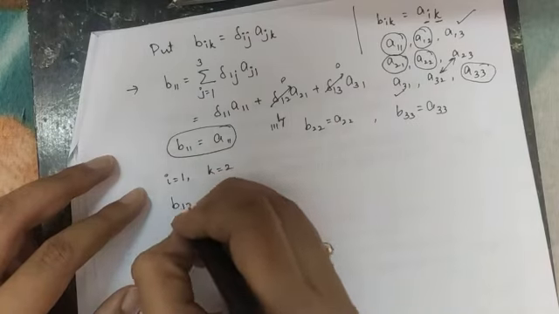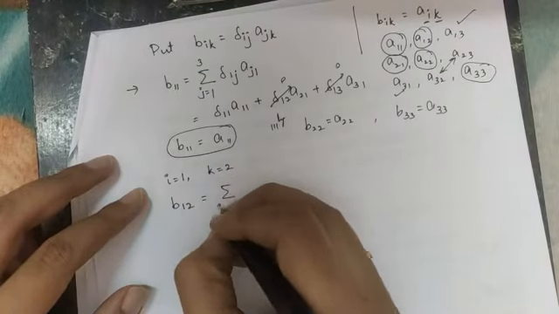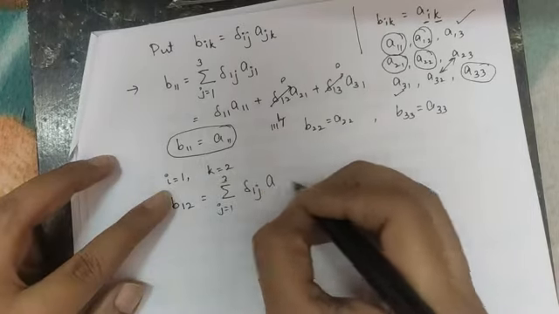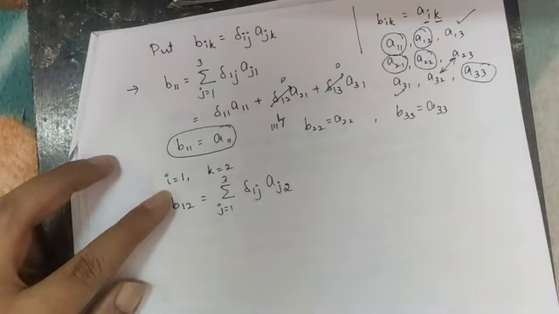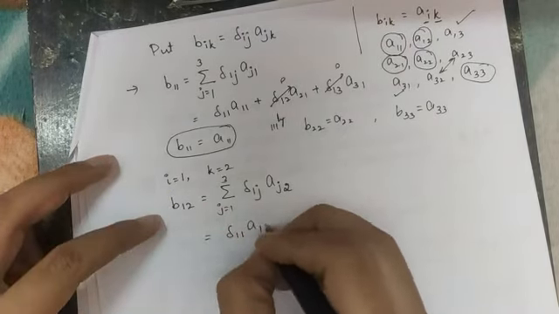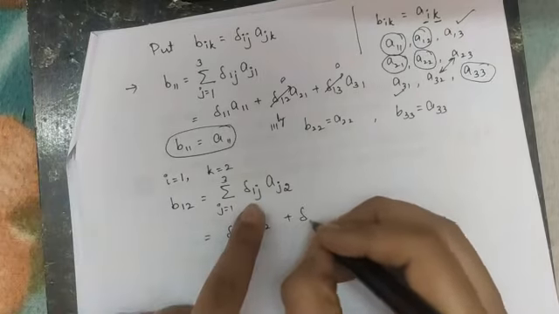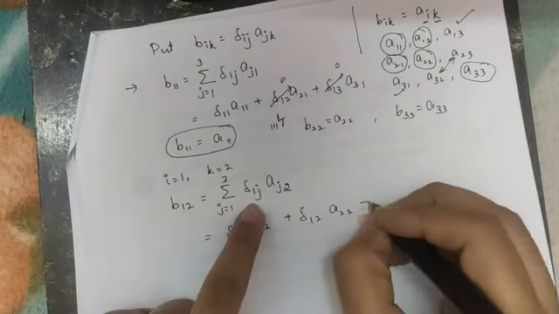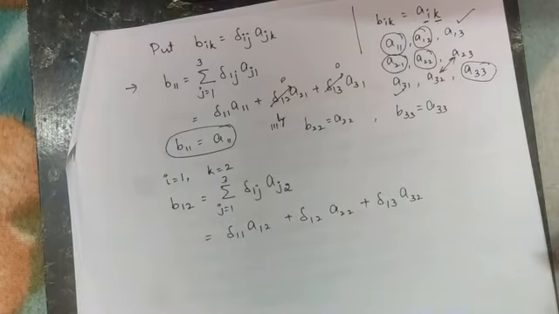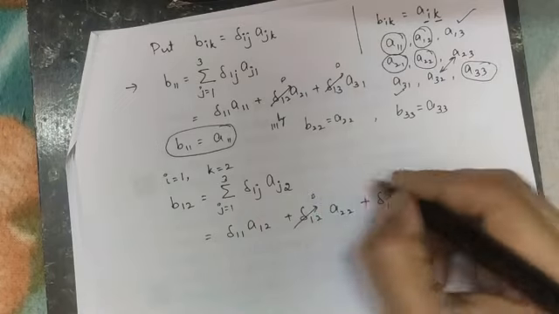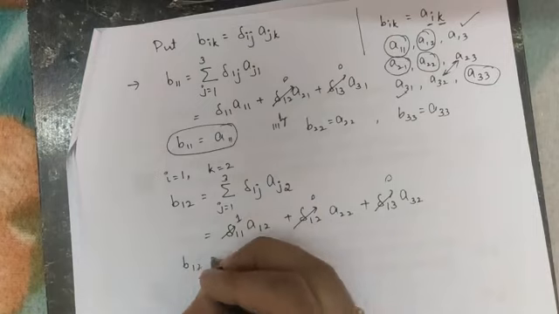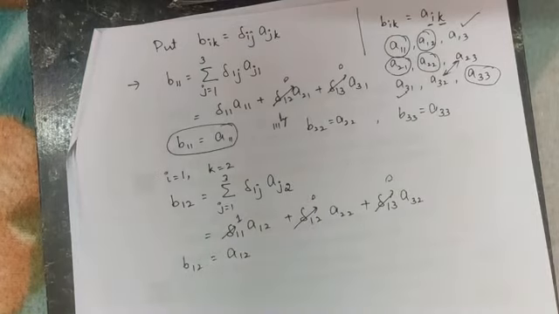So this is nothing but b12 is equal to summation j is equal to 1 to 3 delta 1j aj2, right? This is delta 11 a12 plus delta 12 a22 plus delta 13 a32, right? This is 0, this is 0, this is 1. You will get b12 is equal to a12.